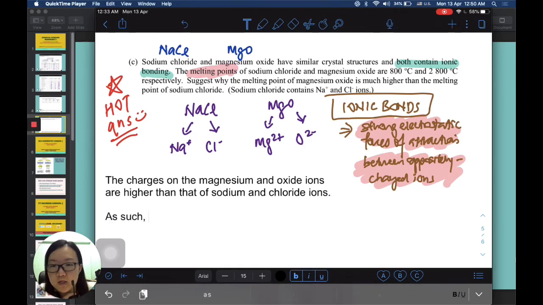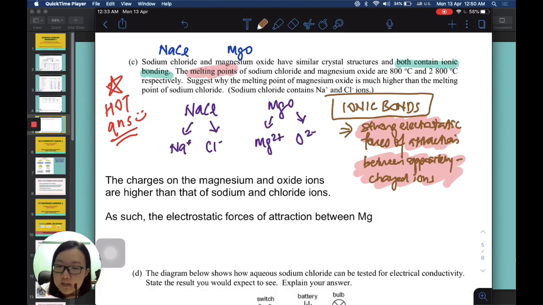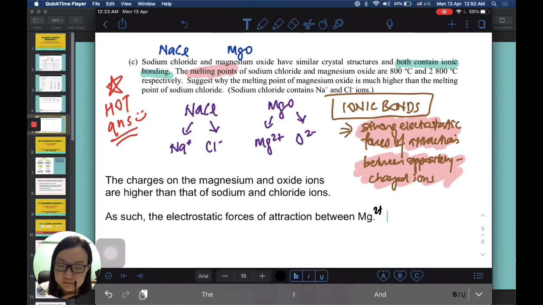Much higher, because Mg2+ and O2- versus Na+ and Cl-. I'm having a bit of a struggle with the font and everything, juggling between typing and writing.